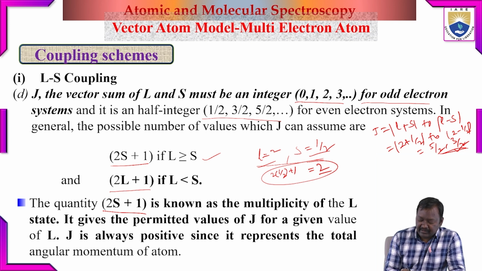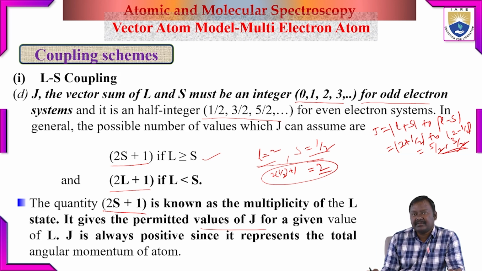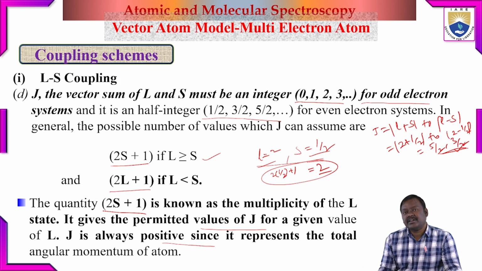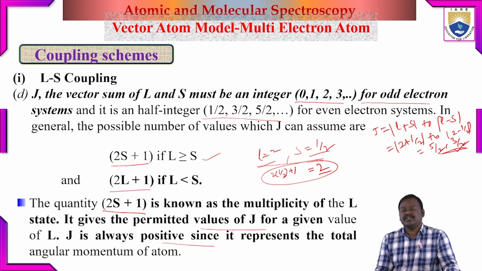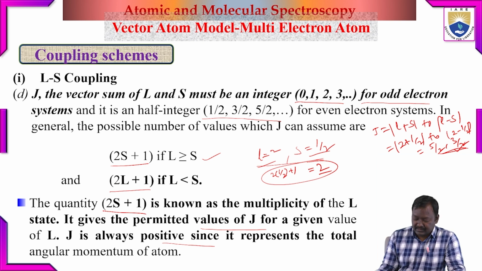It gives the permitted values of J for a given value of L. J is always positive since it represents the total angular momentum of the atom.